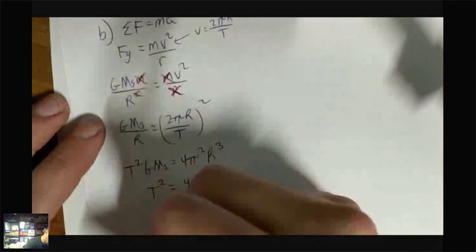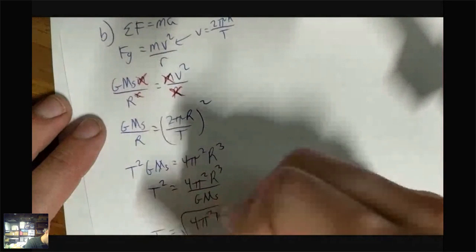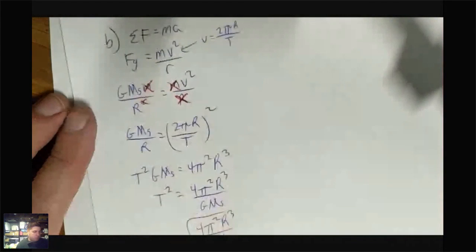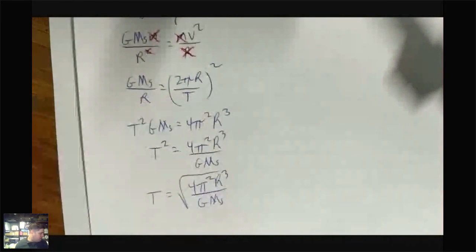Although if you really wanted to, we can get T equals, just square root it. And there we go. There's part B. Again, some algebra, and that's really about it, going through and crunching out part B.